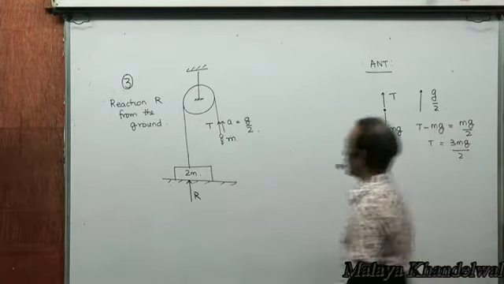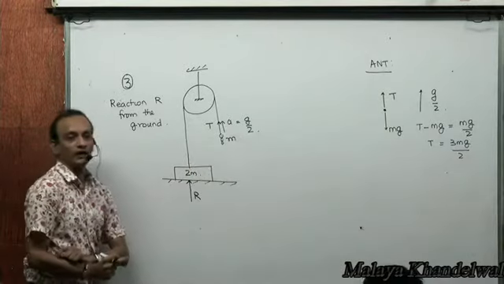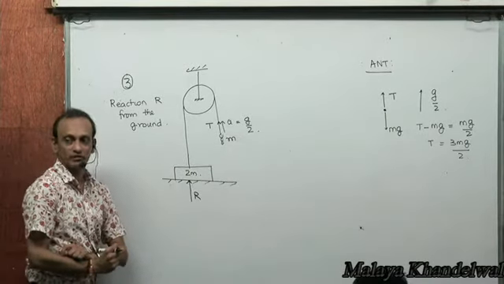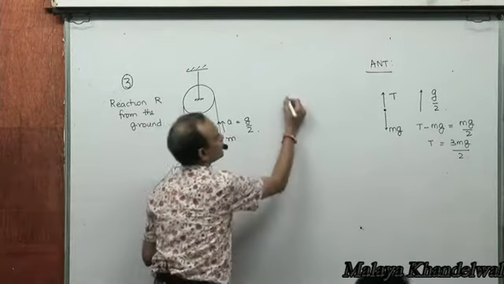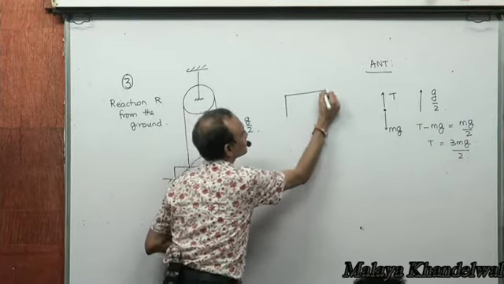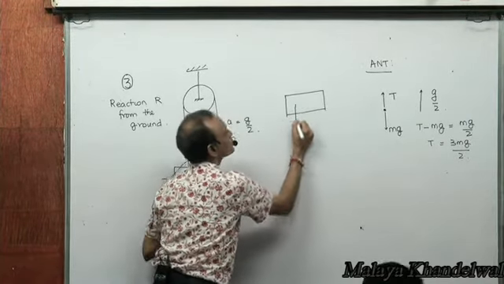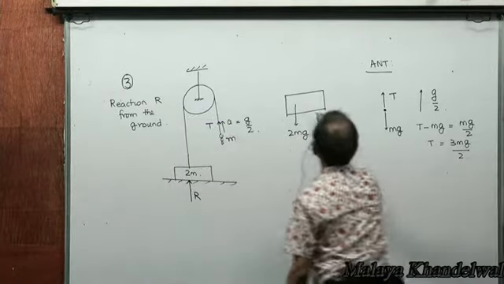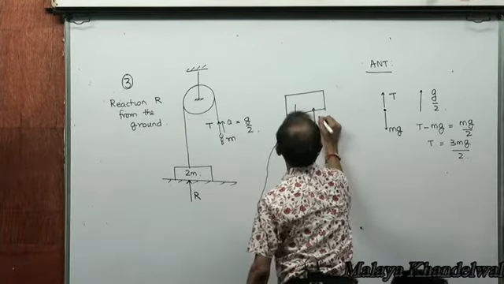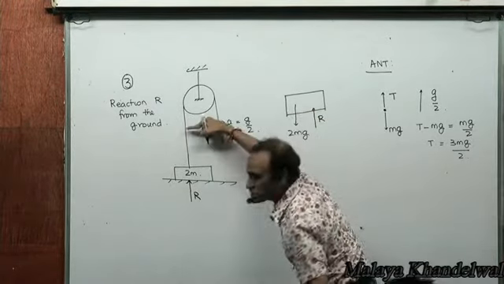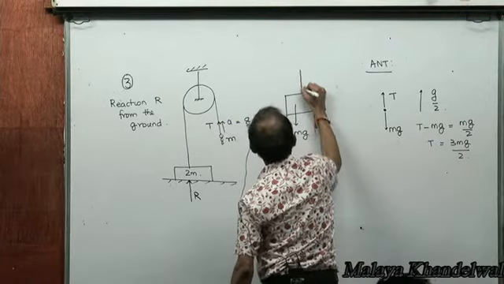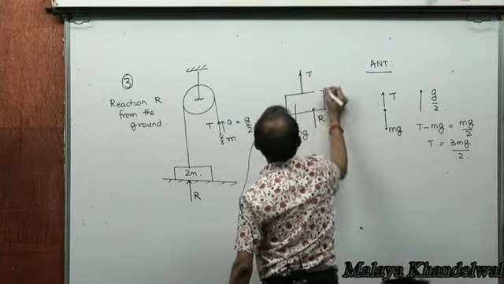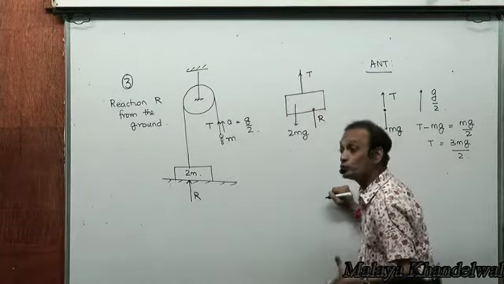Right? Now, let's look at the free body diagram of 2m. So what's the story of 2m? Story of 2m is 2mg downwards, normal reaction R upwards, and tension upwards, right? And 2m rests on the ground.